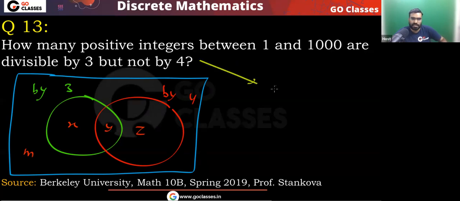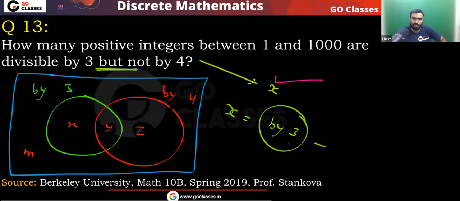The question is asking for divisible by 3 but not by 4. You only want X. So how to find this X? Can I say this X is by 3 minus the intersection, by 12?